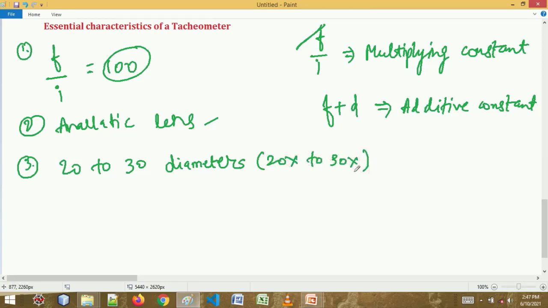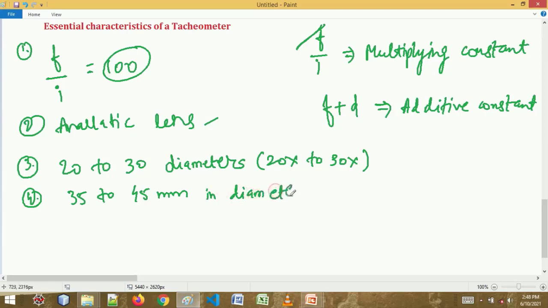Then point number 4, the aperture of the objective should be 35 to 45 mm in diameter.